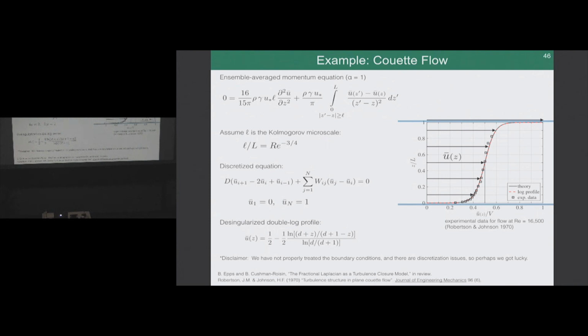Then when you solve that numerically on the computer, you find the black curve, which fits well to the data. And then you can fit that with the log profile, which is this red dash curve. So what we're finding is that the fractional Laplacian is going to give us a log profile just as we observe in turbulent flow experiments.